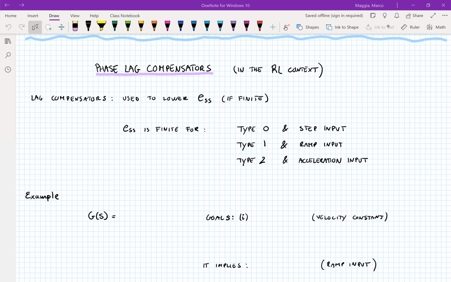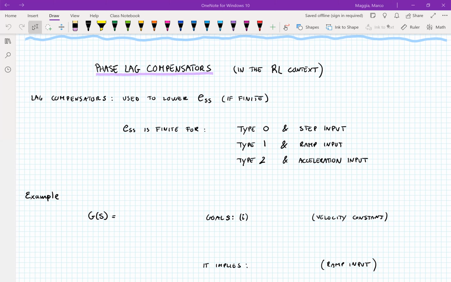The lag compensators are instead used in order to decrease the steady state error. That is the function that they have when the design is done in the root locus context. We also saw last time that it really makes sense to use lag compensators in order to decrease the steady state error when such error is finite.